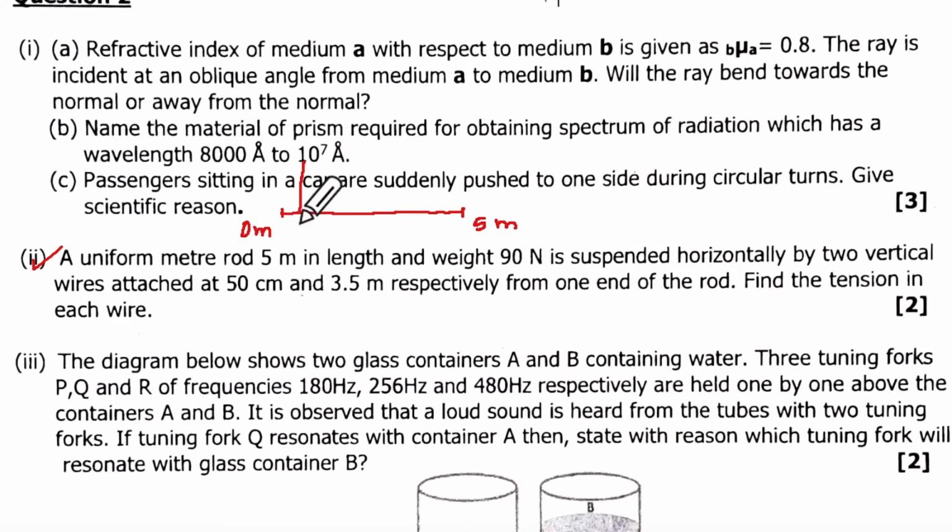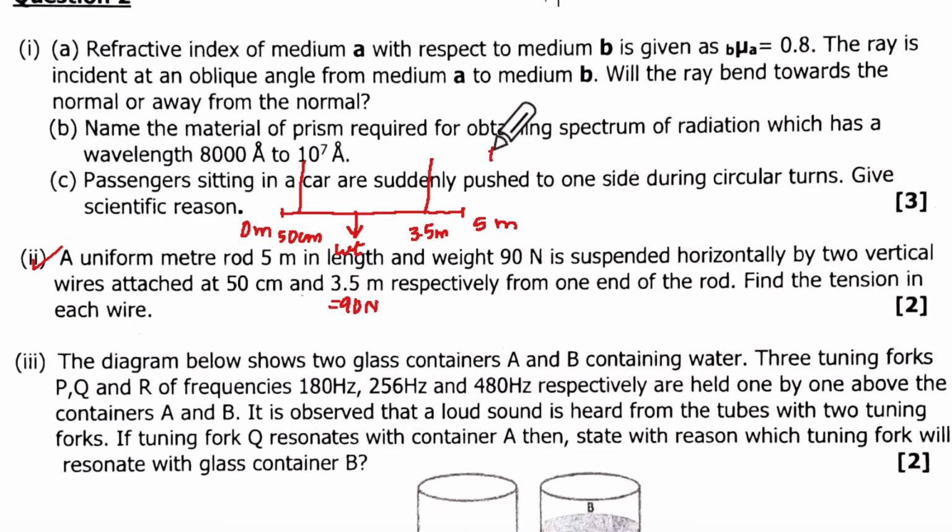So there is one wire here at 50 centimeter and another wire here which is 3.5 meter, from one end means from 0. Find the tension in each wire. Now this one over here is going to be the weight, which is how much? 90 Newton.